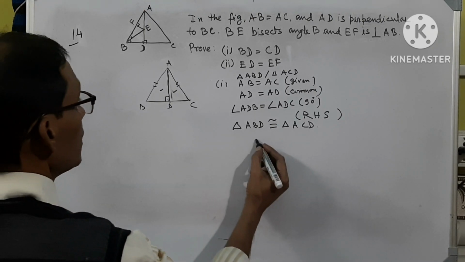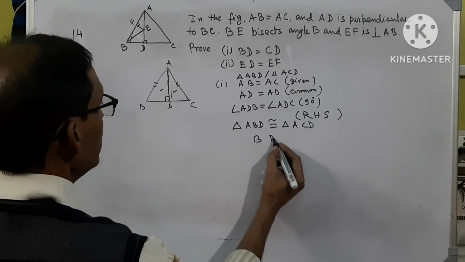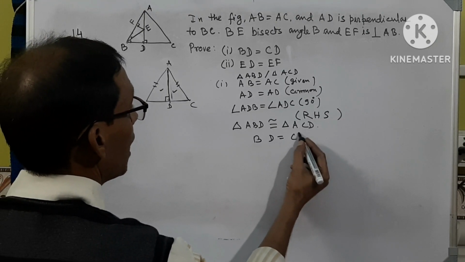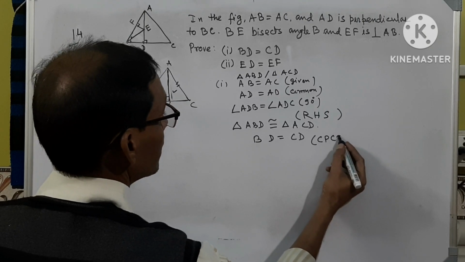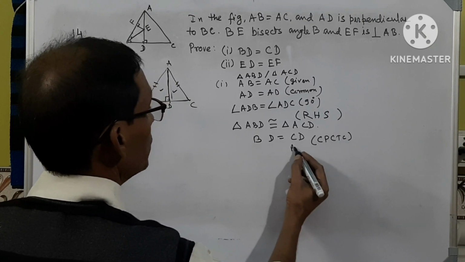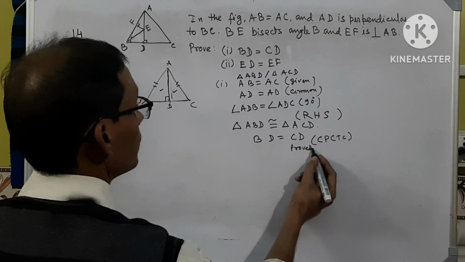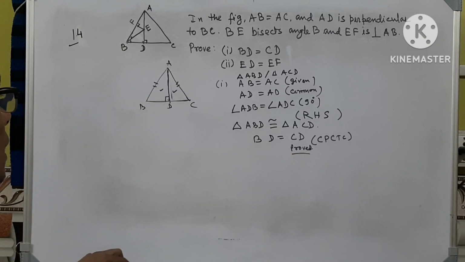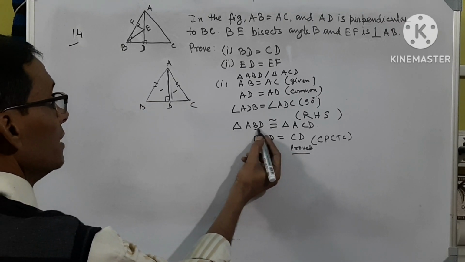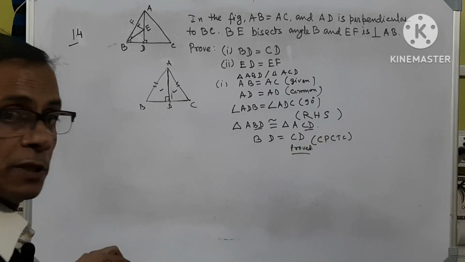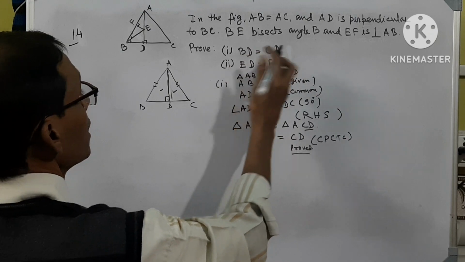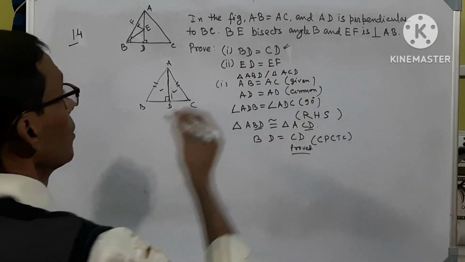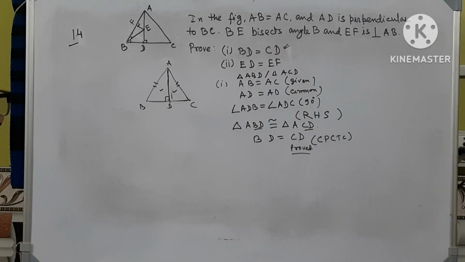So BD and CD are corresponding sides, so by CPCT, it is proved. BD and CD are corresponding parts, so they are equal. In the first one you had to prove BD equal to CD. It was quite simple.